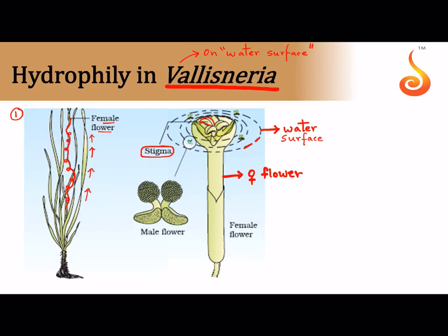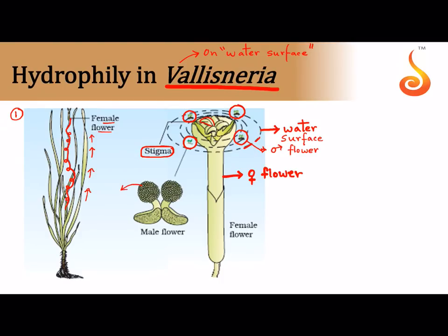You know that the stigma is the part of the female part, that is the pistil. Can you see these tiny flowers which are floating closer to the female flower? See, 1, 2, 3, 4. These are the male flowers. That means the male flowers are also coming to the surface, but they are not having a stalk. They are detached. They are produced inside, they get detached, and they come to the surface of the water.